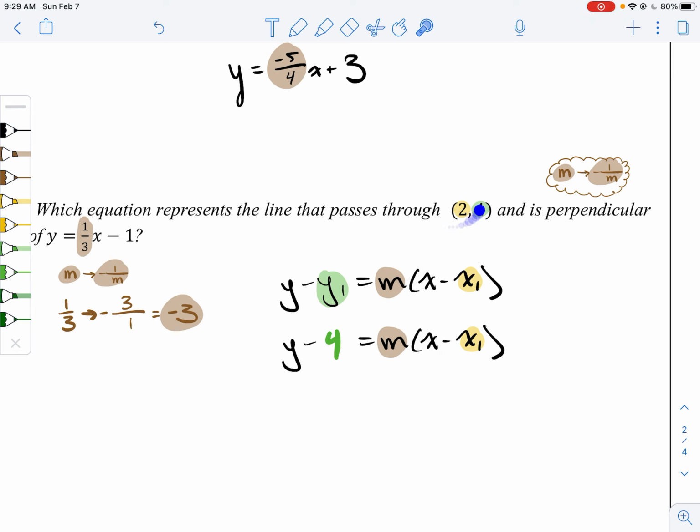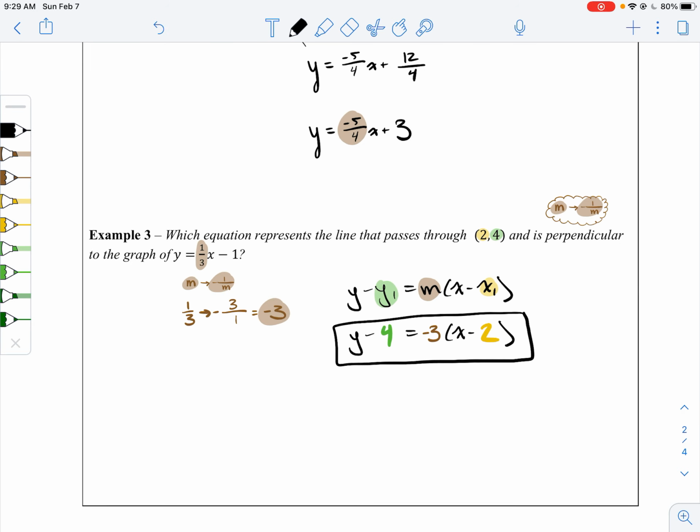My x1 value is 2. And finally, the slope that we want is -3. There we have it: y minus 4 equals -3 times x minus 2. Is that great? There we go.